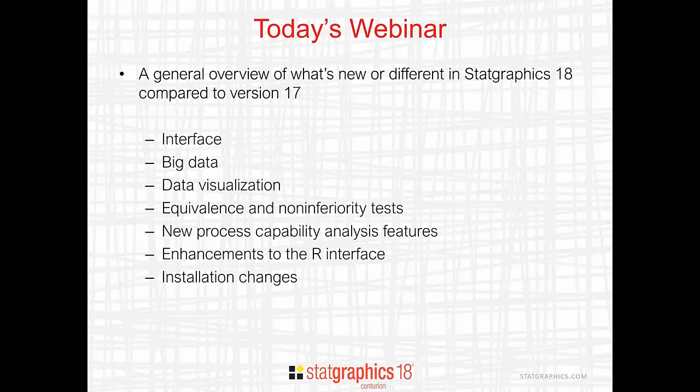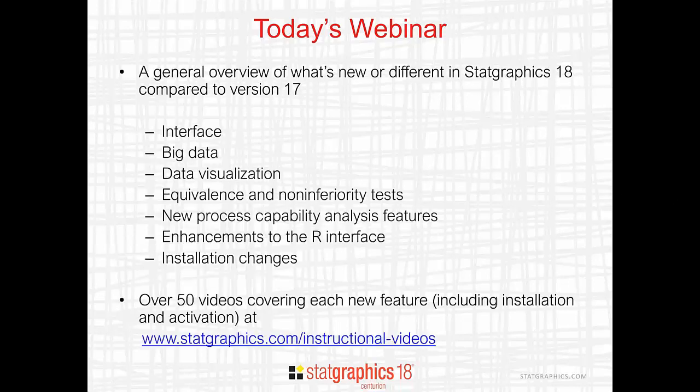I'll talk about some new process capability analysis features that we've added that support the latest book that I wrote on that particular topic. We'll talk about enhancements to the R interface, and we'll talk about changes to the installation program.